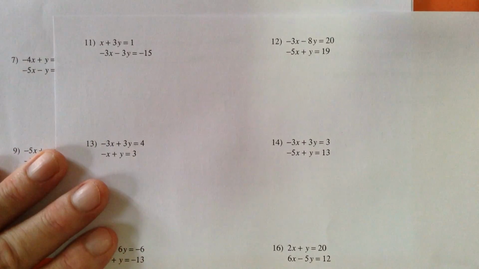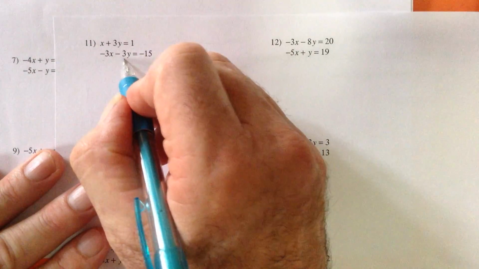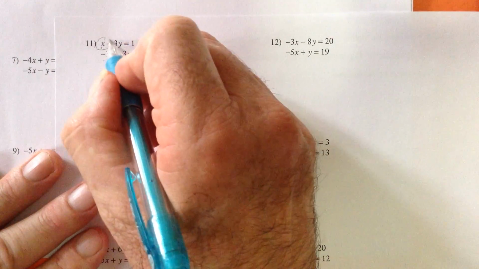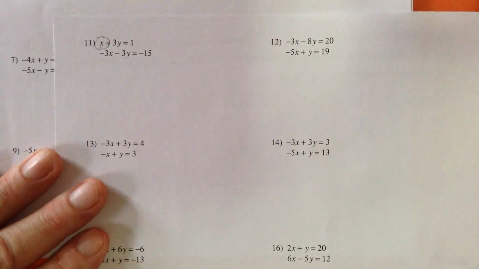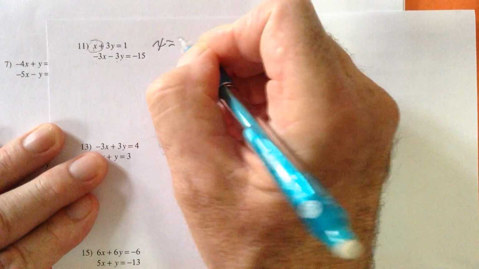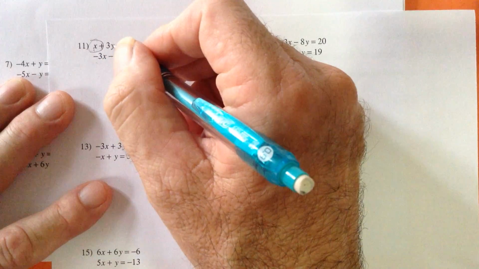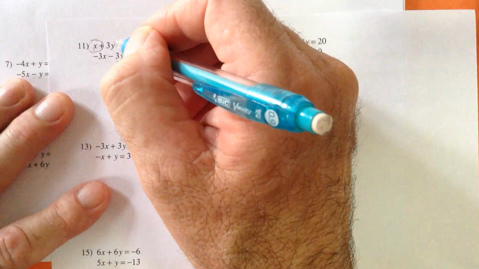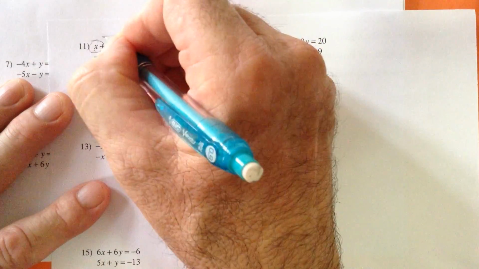On the other side, you can see number 11. Well, here, these all have numbers except for this one. So this one, I would isolate the x. Okay, so I would go x equals, so 3y would be a negative 3y.